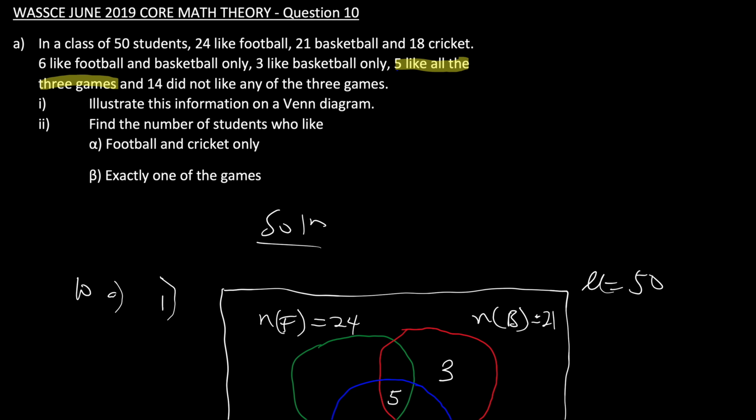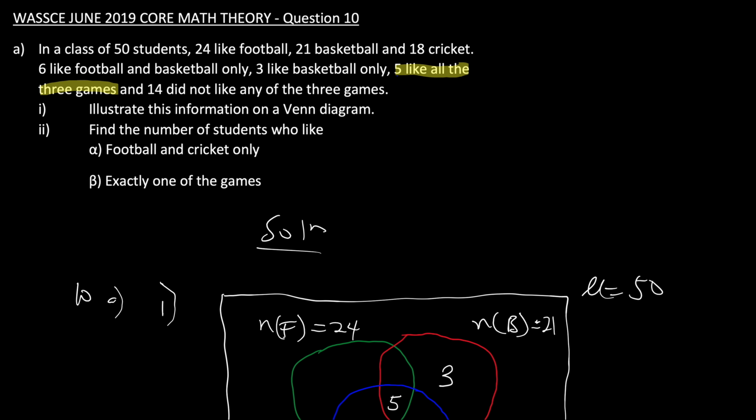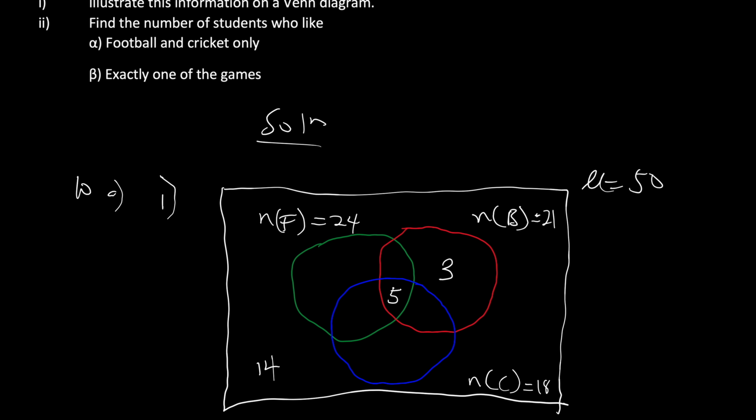We also know that 6 like basketball and football only. The whole of this is the number of students who like football and basketball, but this side represents those who like football, basketball, and cricket. So football and basketball only will be this portion, and those students are 6.